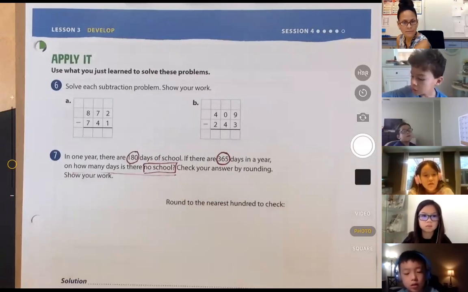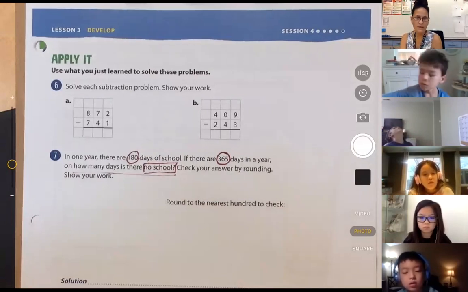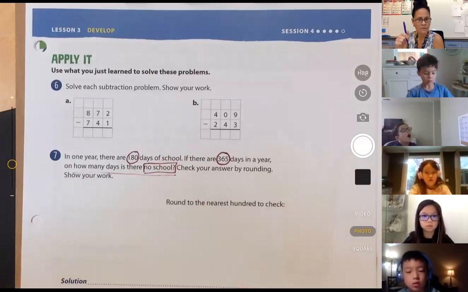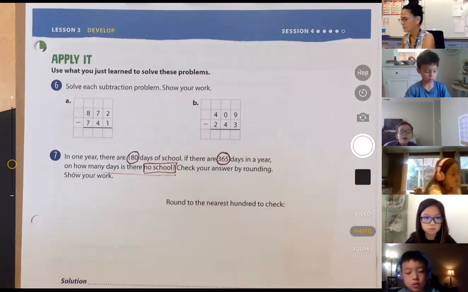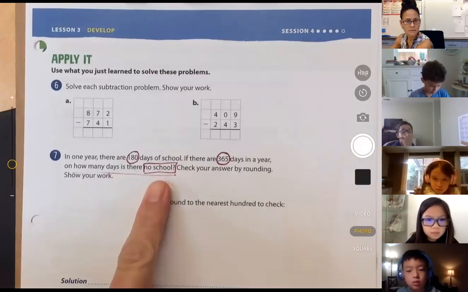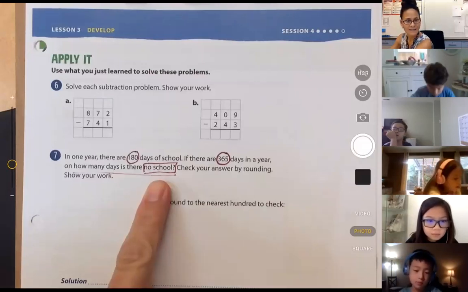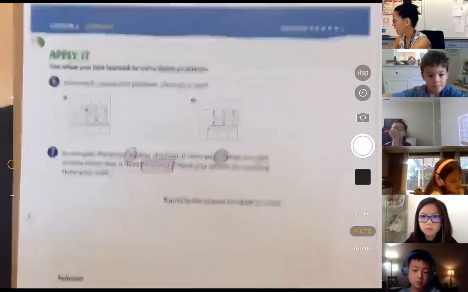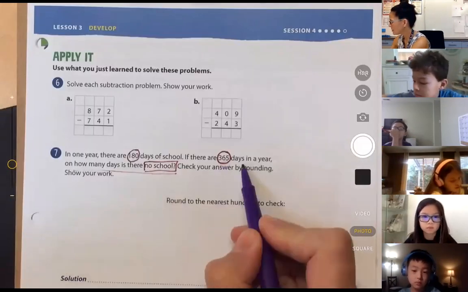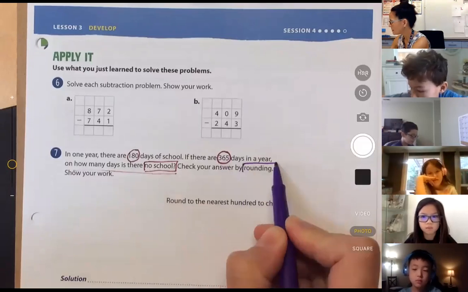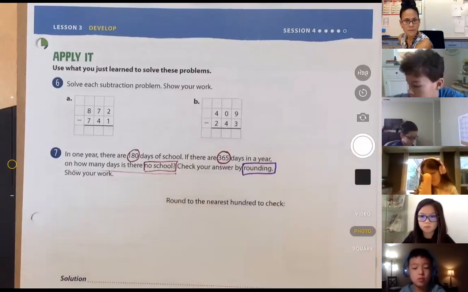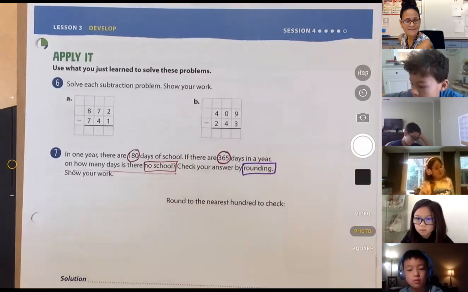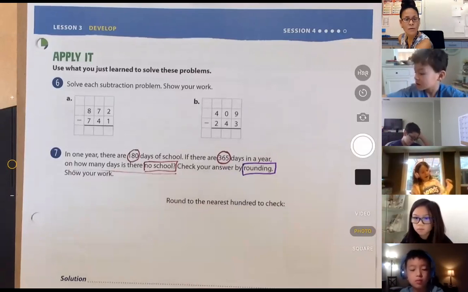And this is what I'm going to do in a second color to help my brain. I'm not going to be done with just finding that difference. I also have to check my answer by rounding. This is a two-part question, friends.